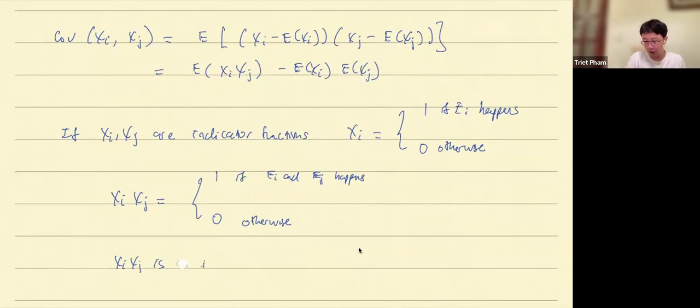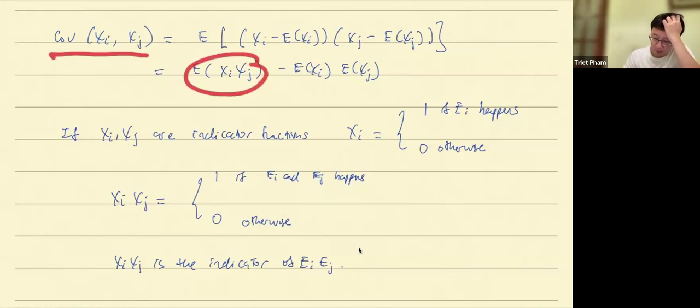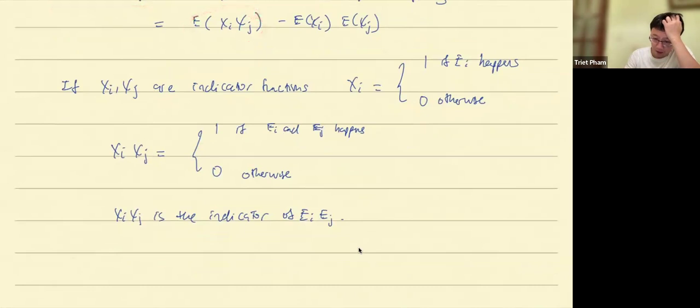And let me say it's not even an indicator; it's the indicator of the intersection. So therefore, if you have to calculate the covariance term, you would end up basically calculating the probability of Ei and Ej happening.